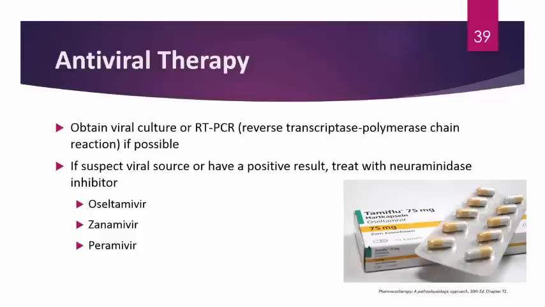And Dr. F probably talked about this a little bit in his flu talk. If you suspect any viral source empirically, or if you have a positive result from a flu test, then you can treat patients with a neuraminidase inhibitor, such as oseltamivir, zanamivir, or peramivir, with oseltamivir being the most common one that you'll see in practice.